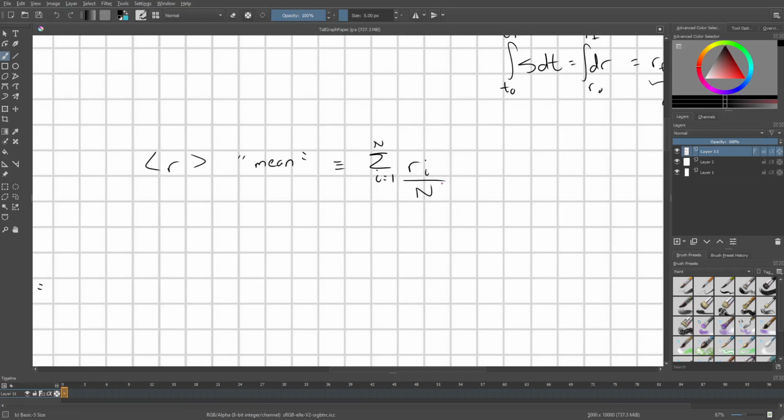I know that stats can get more complicated than that, and you can have continuous distributions, but I don't want to overcomplicate this. The point is that when I use brackets, I'm referring to the mean of something. This is going to make it very easy when I'm talking about the mean of r cubed, or some more esoteric things. The things inside the brackets are the things that I'm taking the mean of.